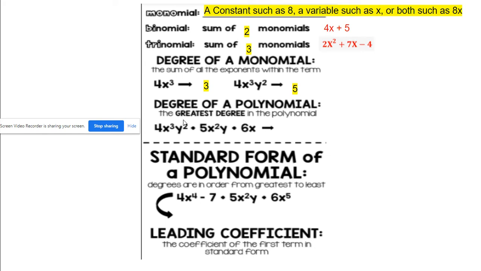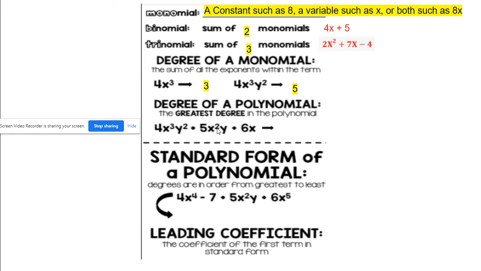Now, when we have a degree of a polynomial, when they ask for that degree, they want the greatest degree in the polynomial. So I have 4x to the third, y to the second, plus 5x to the second y plus 6x. If I look at this term first, I know that my degree is 5. 3 plus 2 is 5.